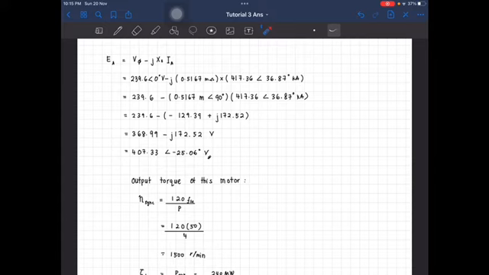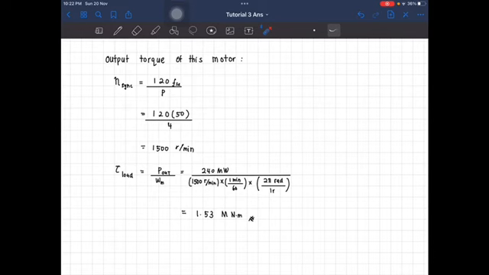And then the answer we got, EA is 407.33 with angle negative 25.06 volt.